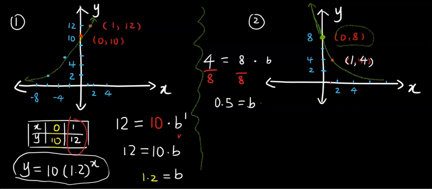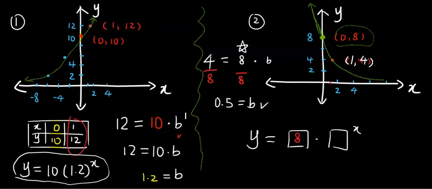Okay, now we have b and we have a. Can we write our function rule? The function rule says, one more time, a times b to the x power. A is 8. That's a simple one. Once you see (0, 8), you put 8 here. B, you just figure out in one step. You plug in the point (1, 4) and figure out b is 0.5 or 1/2.